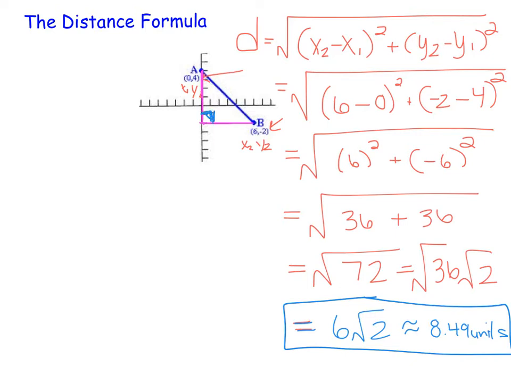Now we know because of the Pythagorean theorem that a squared plus b squared is equal to c squared. Now if I look really carefully at this, I know that my change in x values here, to move from 0 to positive 6, b is equal to 6.